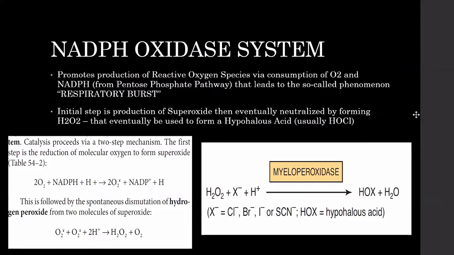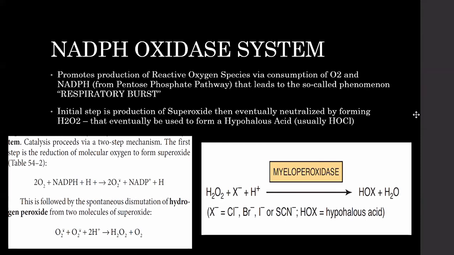So, earlier we had the cytochrome system in the RBC. The use of the cytochrome system there is to convert the oxidized iron, your Fe3+, to Fe2+. Here, the most important system in your WBC is your NADPH oxidase system.